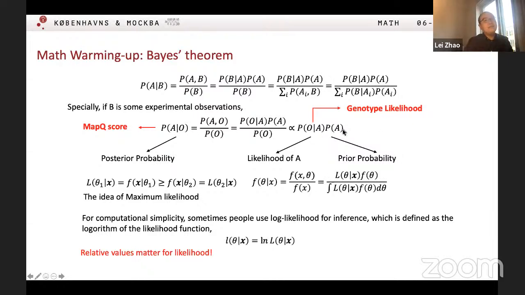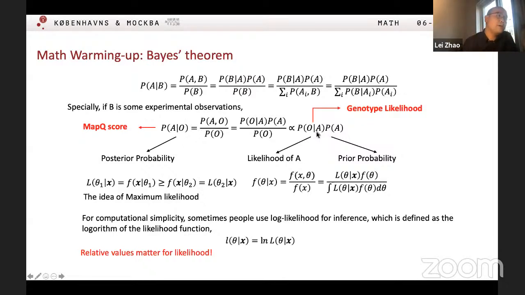So the probability of A here is called the prior probability of event A happening. And here, given you see the observation, this value is called the posterior probability, given you obtain some kind of experimental observation.